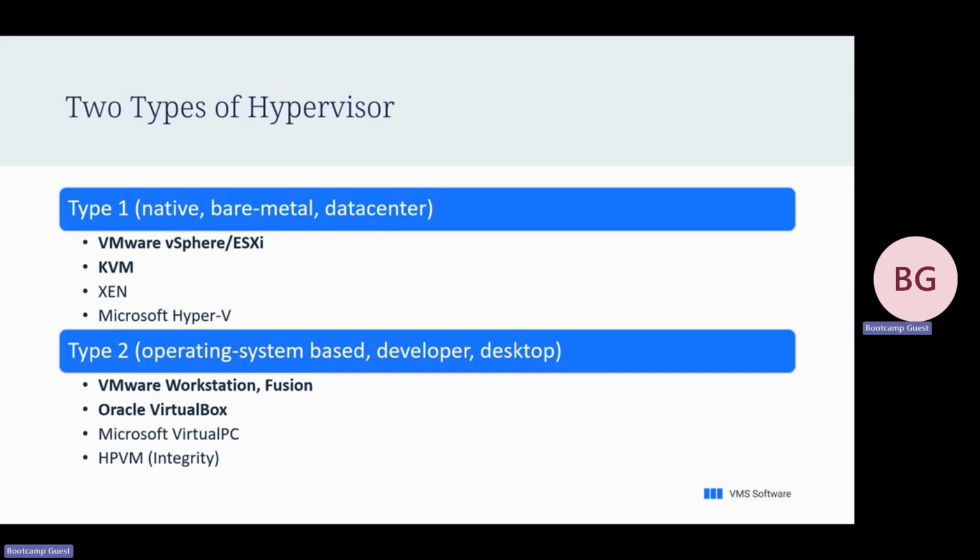But I put HPVM in the list to show you that OpenVMS isn't completely new to hypervisors. And you could almost argue that Galaxy on Alpha had some hypervisor-like functionality. Yes and no. Some yes, some no.